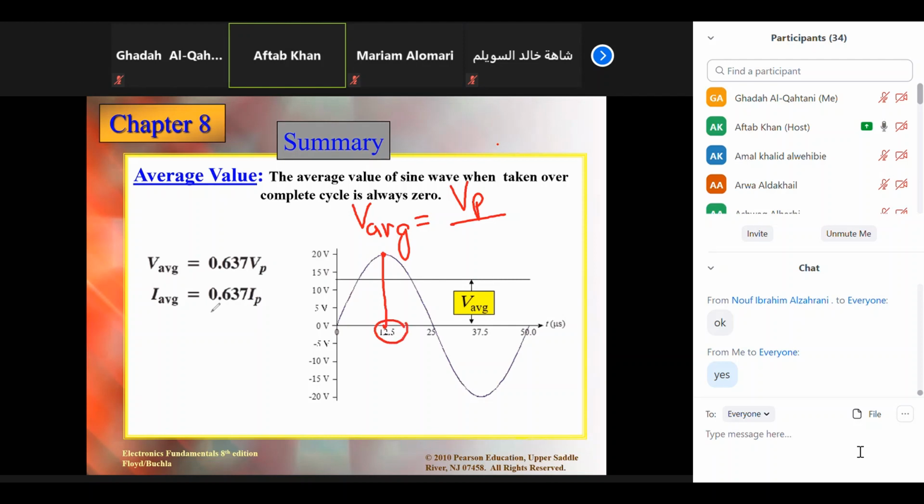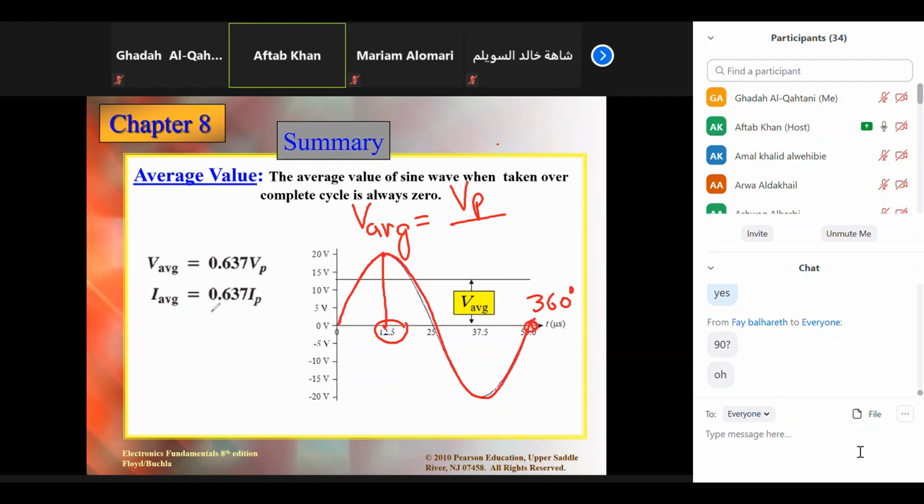See, girls, in order to complete this complete cycle, which I will show you in the next slide, but I am mentioning here, how much does it take in degrees? It takes 360. Yeah, all right, 360.